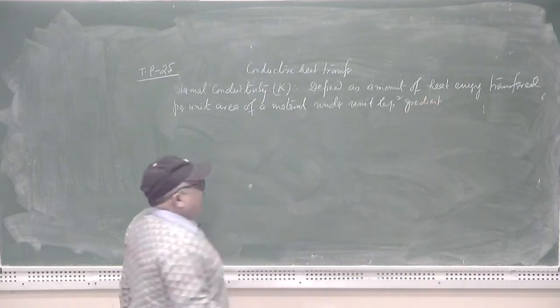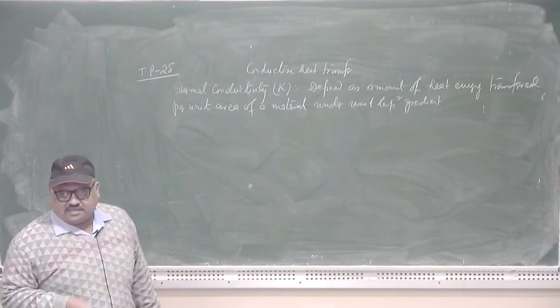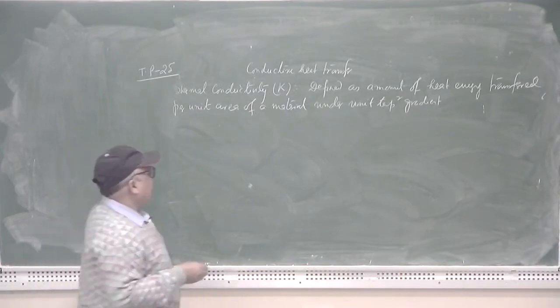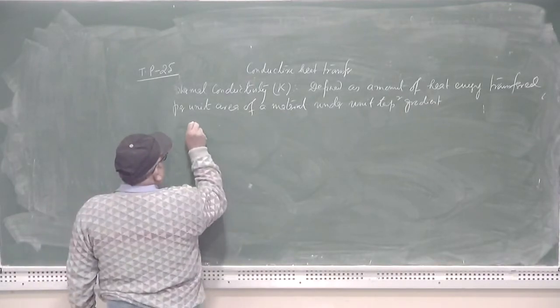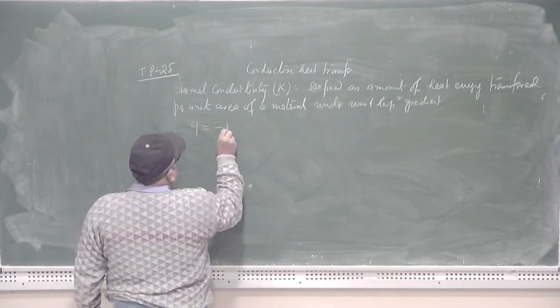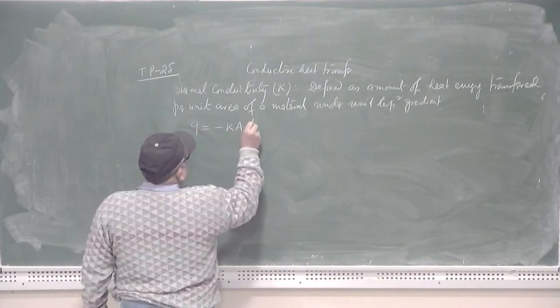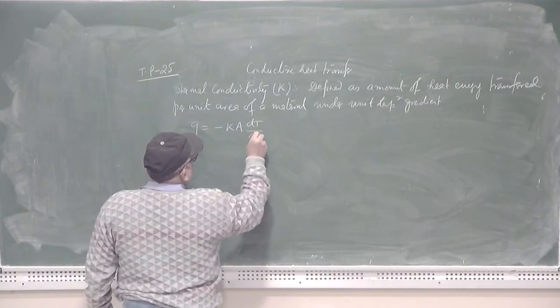If you would like to know the genesis from where such a definition arrives, you can take equation number 1, that is Q equals minus K A dT by dx.